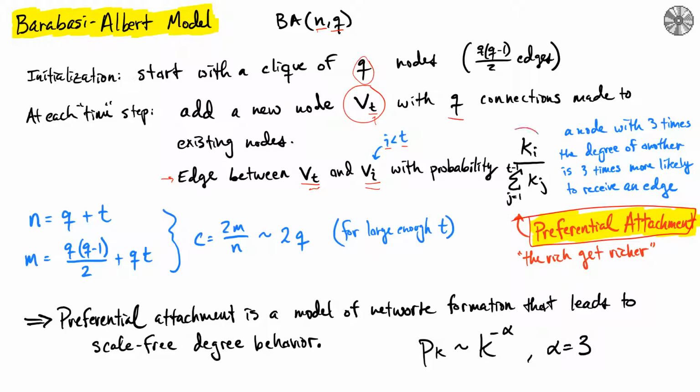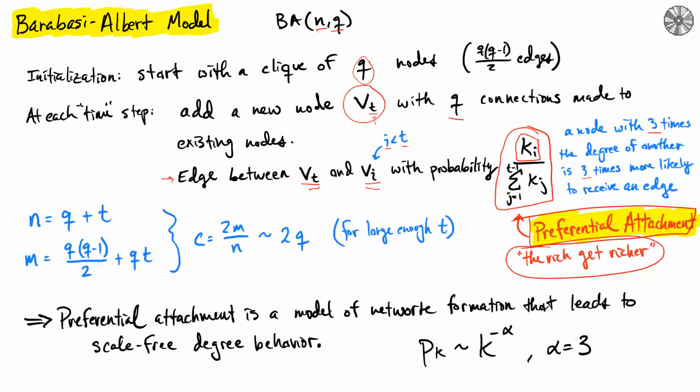In fact, it goes with this probability, and this expresses the fact that it's proportional to the degree of the node. And so it means that nodes with high degree will have a greater chance to receive edges from new nodes. In particular, if a node has 3 times the degree of another node, it's 3 times more likely to receive an edge from a new node.